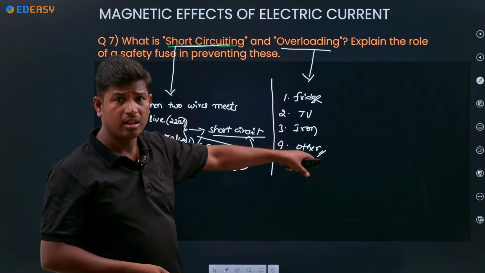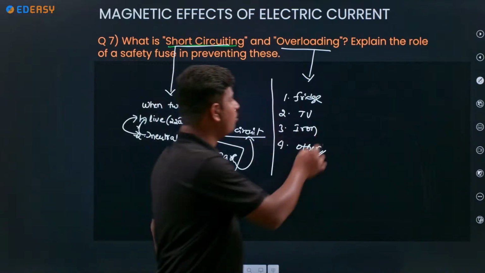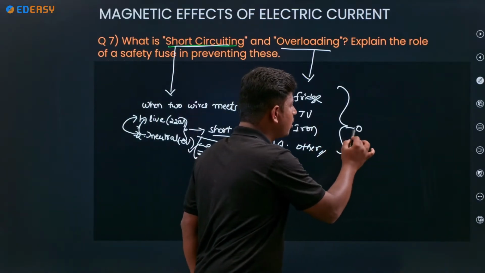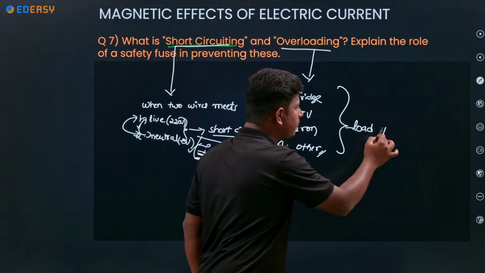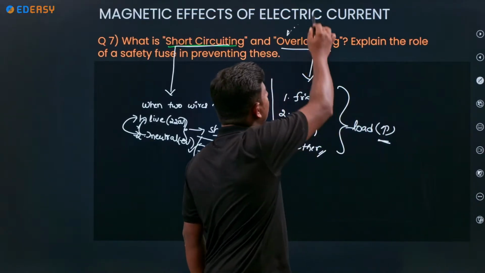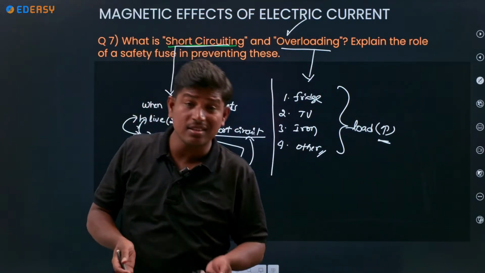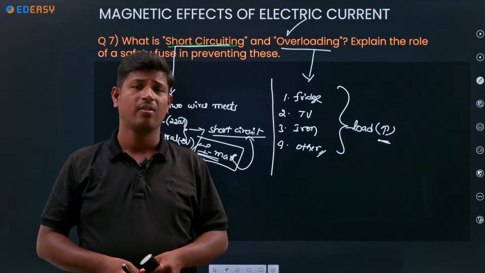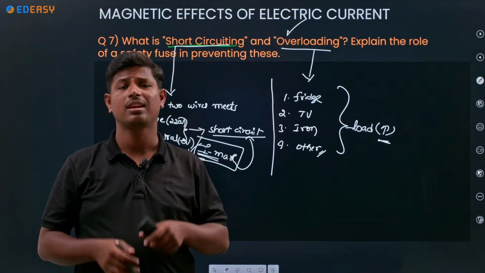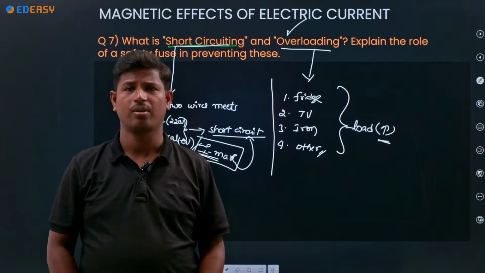Then the load increases. That is called overload. In electricity also overloads happen when all the equipment is working at a time.